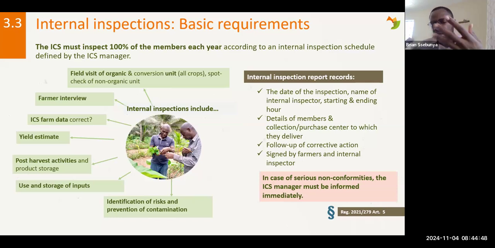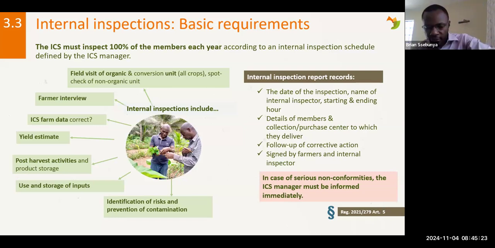Then the internal inspector will summarize it into what we call the internal inspection report. You can have a template for that, or you can leave it open. They can structure the report the way they want. What is important is that you know the date, who was inspected when, by whom, what information was collected, and any risks identified from that farm. What are the corrective actions? Of course, the corrective action is for the ICS manager to determine.